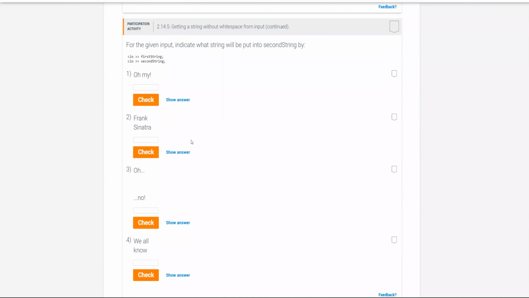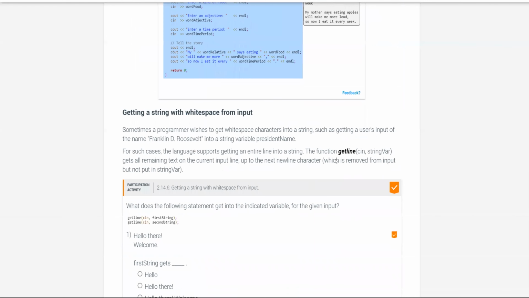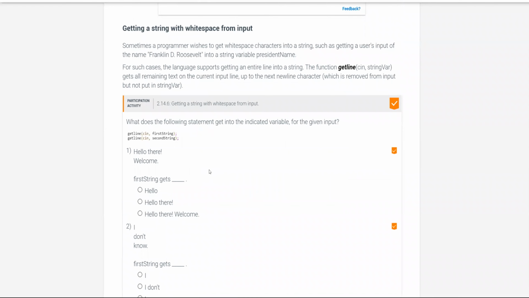And one thing I want to point out here is getline. Yeah, so the getline right here. There are two ways that you can insert values into variables for strings. The first one is, if I have a string, right? Oops, I'm sorry. String A as the variable name, and I can say cin, and the user can enter A, right?